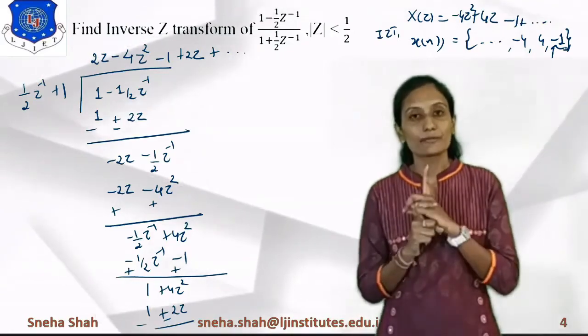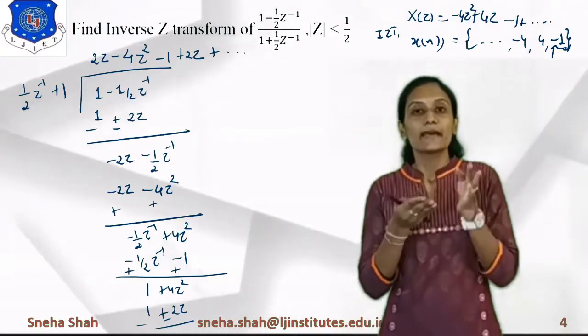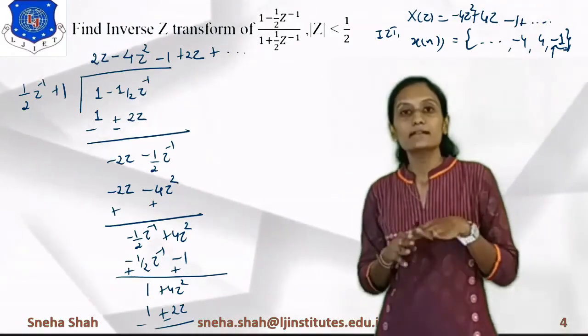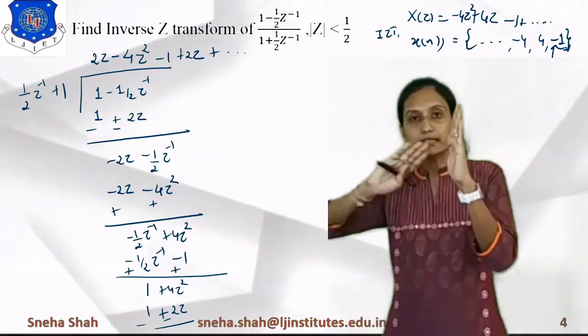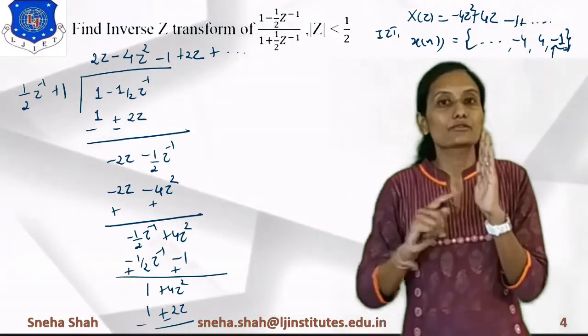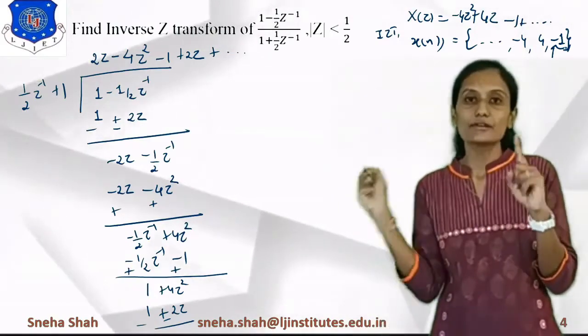If the sequence is in the form of causal, then I will take it as it is, and the answer will also be in the as it is form, meaning we are starting from the left part and it will give you the answer on the right side. So we are writing the answer from left to right.